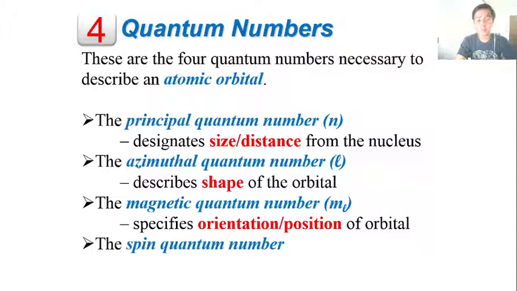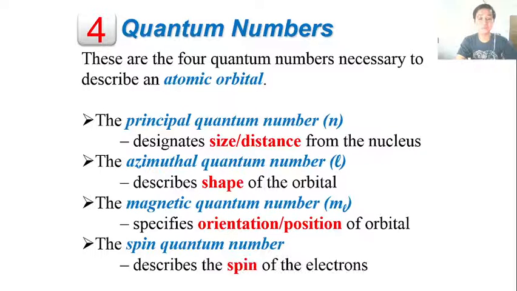And lastly, the spin quantum number, or magnetic spin quantum number, describes the spin of electrons. We know that electrons move very fast around the atom, so the spin quantum number specifies how an electron spins inside the atom.